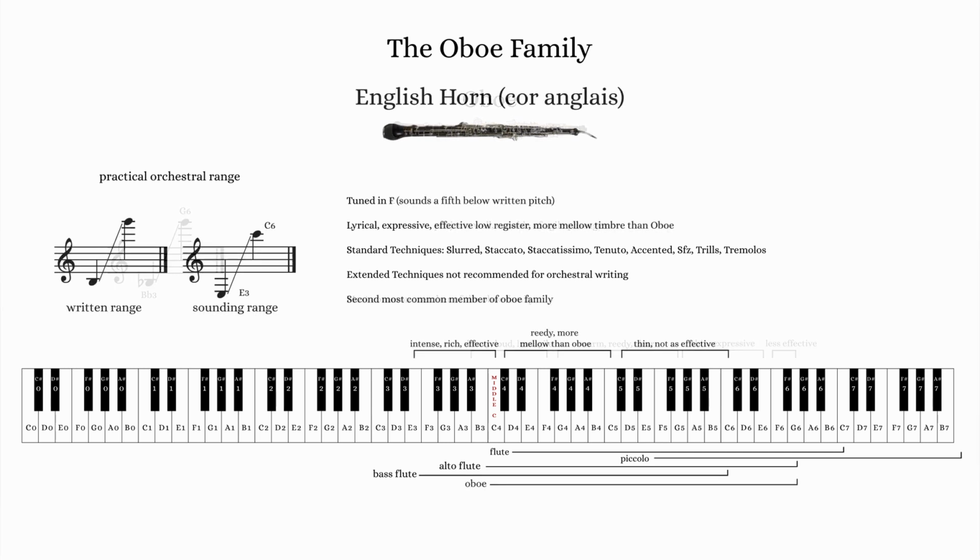The second most common member of the oboe family is the English horn, tuned in F, with a written range from B3 to G6, and because it sounds a fifth below written pitch, the sounding range is E3 to C6. Unlike the oboe, the English horn has a very effective low register with a warm and rich timbre.